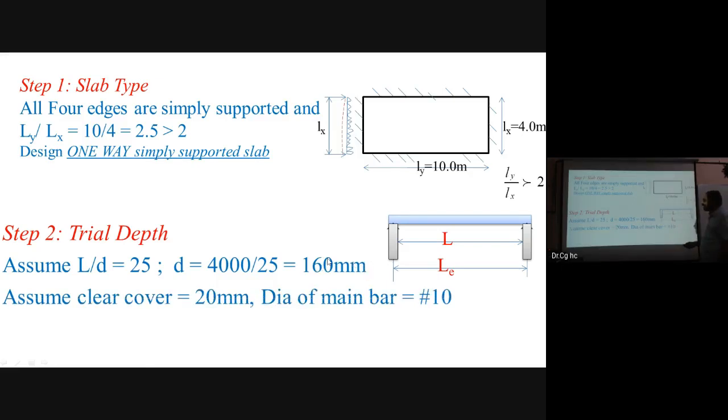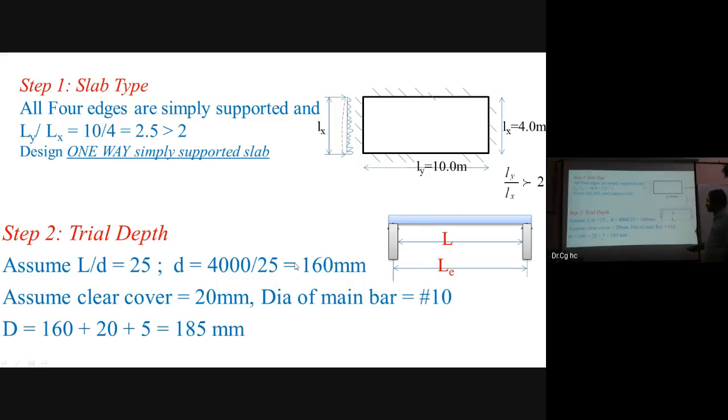Assume a clear cover 20 millimeter and diameter of the main bar is assumed as 10 mm dia bar. Therefore, that is the overall depth of the slab. Effective depth is 160 millimeter. But assuming 20 mm cover and a 10 mm dia bar, now we are going to get 160 mm plus 20 mm plus 5, the half of the diameter of the bar.